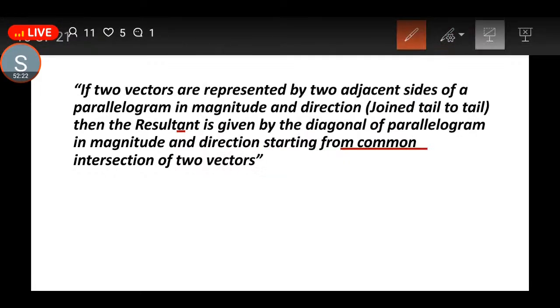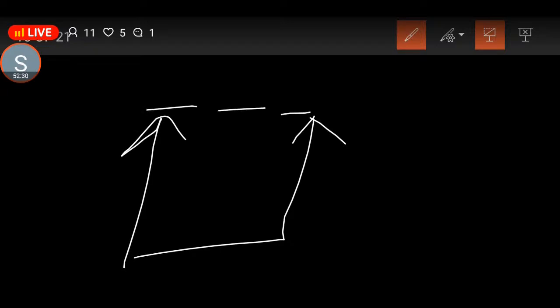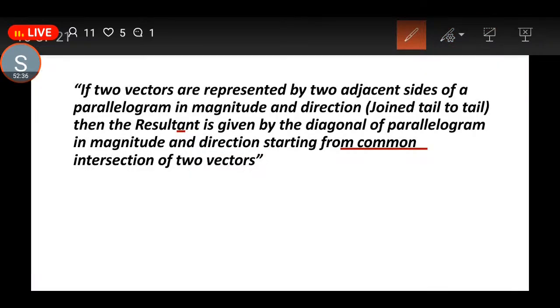If two vectors are represented by two adjacent sides of a parallelogram in magnitude and direction, joined tail to tail, then the resultant will be given by the diagonal of the parallelogram. As I draw a diagram like this, these two sides are parallel, and if you draw like this also, this is a parallelogram. That's what they are saying. The resultant is given by the diagonal in magnitude and direction starting from the common intersection of the two vectors. This is the thing I have explained in detail.